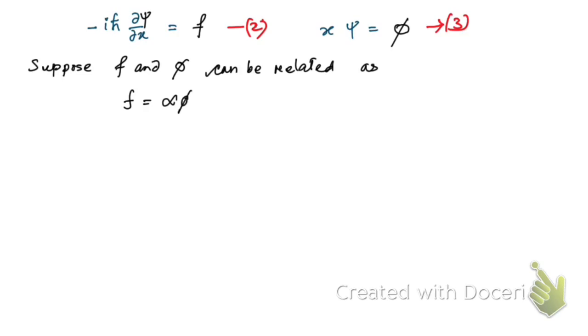Let it be equation number 4. Now we can check whether alpha is real or imaginary, where alpha is a constant.